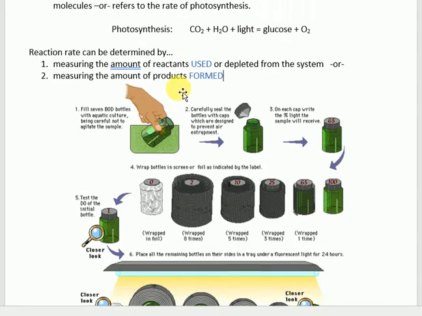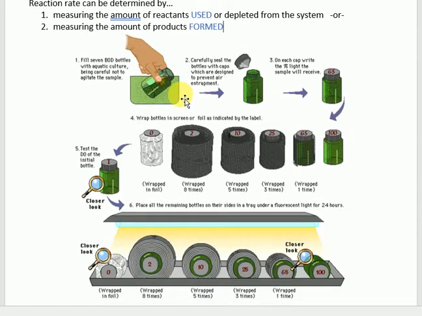So here, basically, what this lab is all about is that you are going to fill 7 bottles with water and algae. You're going to seal the bottles, and then you're going to write a percentage of light on each one. Then you're going to wrap the bottles like so. And one of them is wrapped in foil.